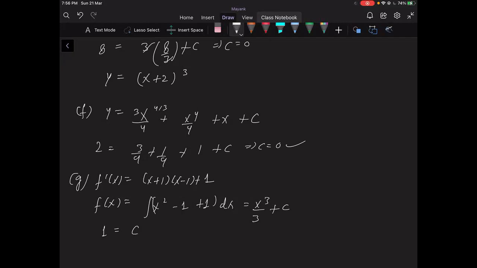So either we apply the product rule, which we haven't studied yet, or you could just apply the identity a plus b into a minus b is a square minus b square. That is, open the bracket and then solve. Yeah, that's what I did.